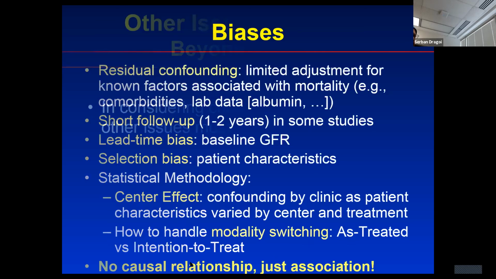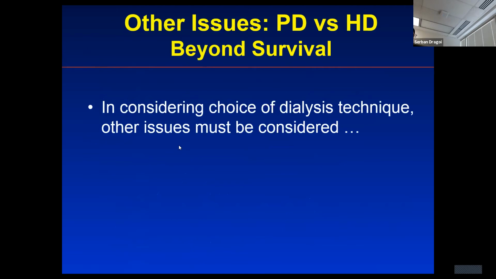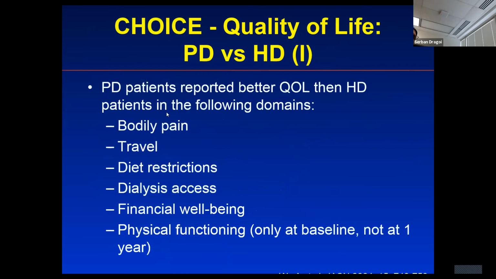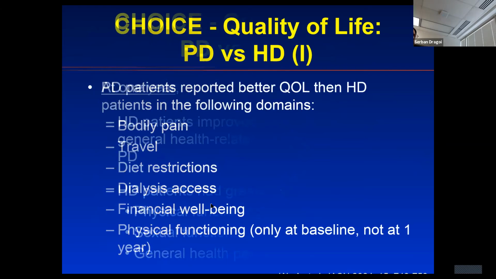So in considering the choice of dialysis technique, other issues should be considered, quality of life in particular, and treatment satisfaction. PD patients report better quality of life, almost invariably, in bodily pain, access to travel, diet restrictions are less, dialysis access is less of a headache, financial well-being is better, and physical functioning questionnaires are better.